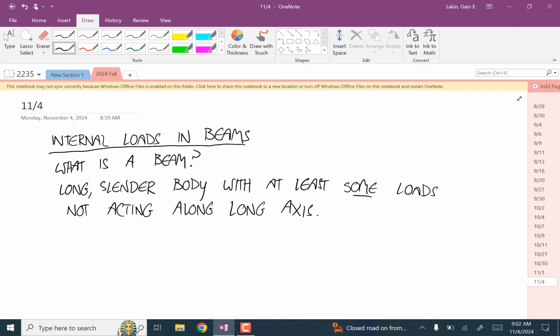Okay, so there have to be some things that are trying to bend this thing for it to be a beam. Can you picture that? Like a long, slender thing, but if everything's happening straight along the axis, like in a truss, then you don't think of that as a beam. Those aren't beam calculations. If there are things going on that are trying to bend it, then it is.